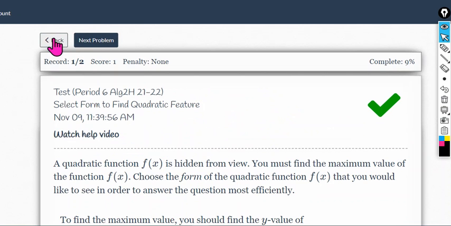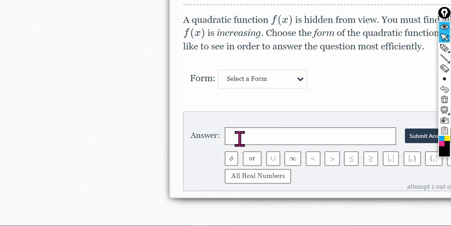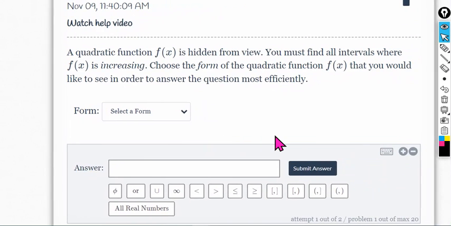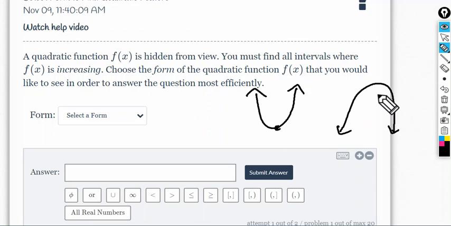So I'll do the other one. This time it's asking me about increasing. If I want increasing, remember I can pick out what increasing looks like without actually knowing where the parabola is. So increasing would be here or here.